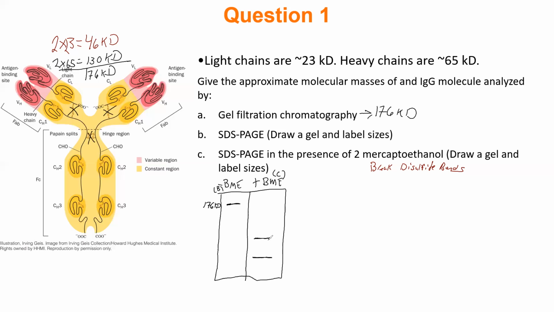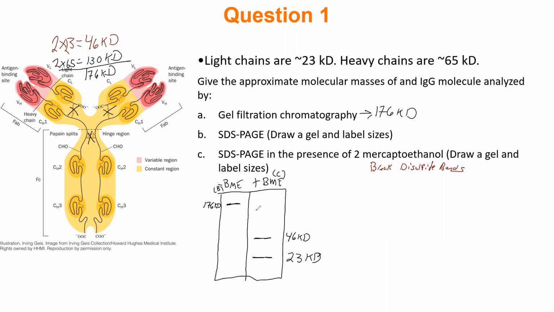One is my heavy chain band, which is roughly 46 kilodaltons. One is my light chain band, which is 23 kilodaltons. So disulfides are what help hold our antibody together.